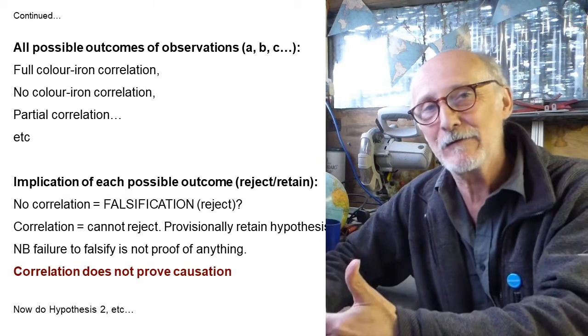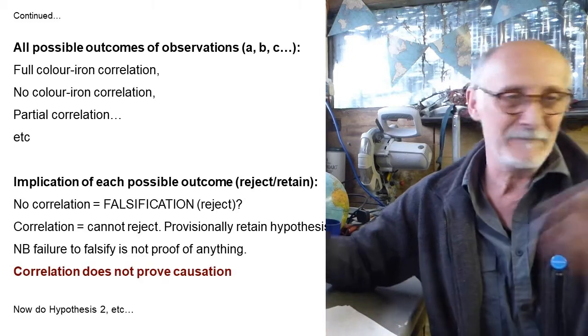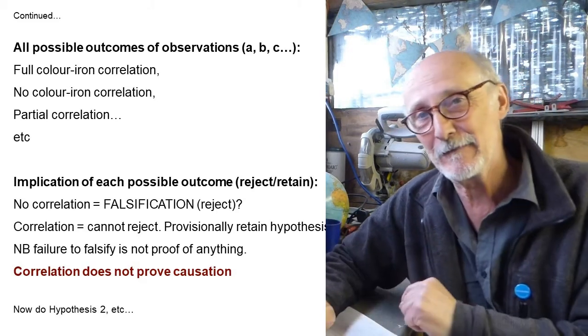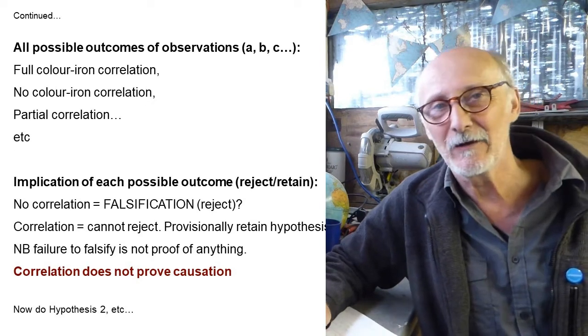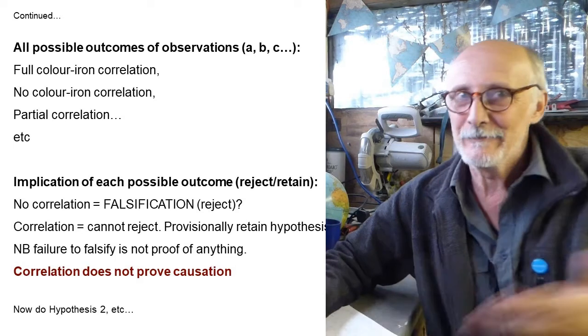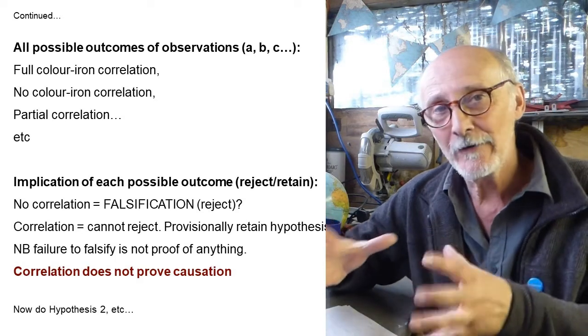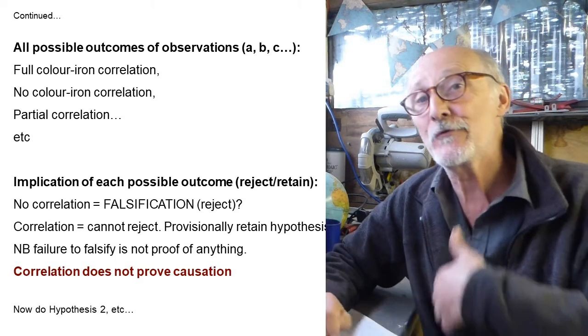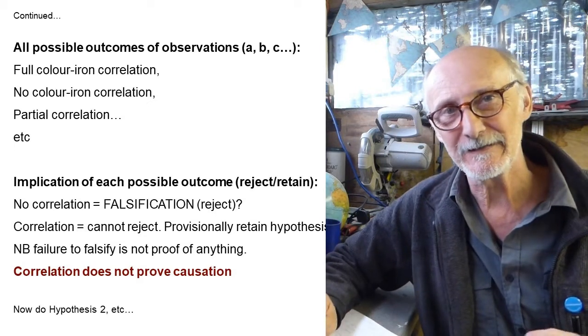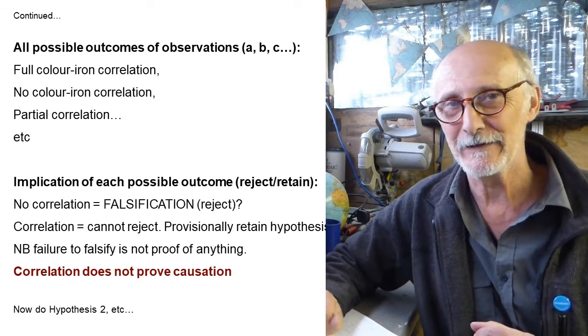Maybe somebody spilt some paint into the soil and the paint has made the soil red, and maybe there was some iron content in the red paint. So it isn't that the soil is red because of the iron, the soil is red because of the paint. So correlation doesn't necessarily prove your relationship, but the lack of a correlation can falsify your relationship.